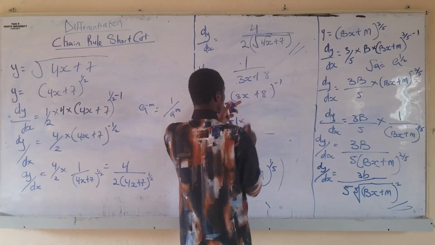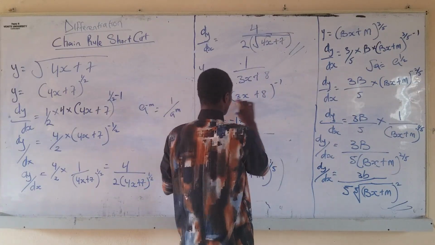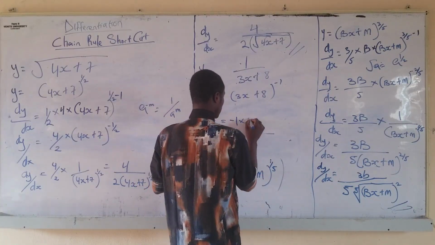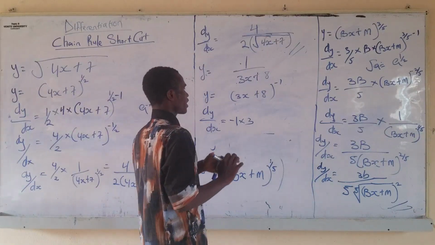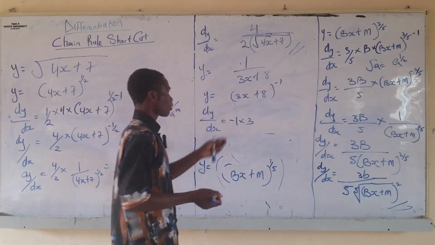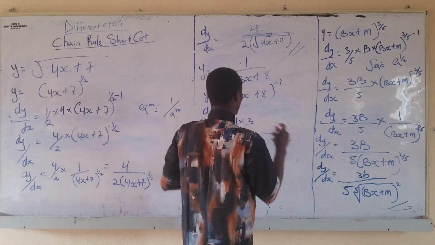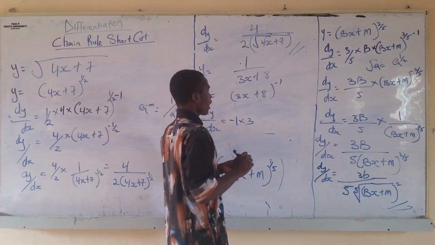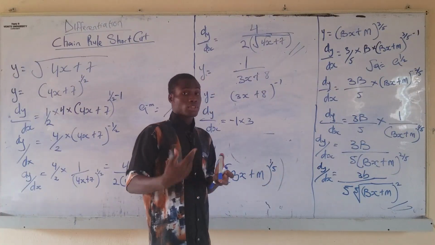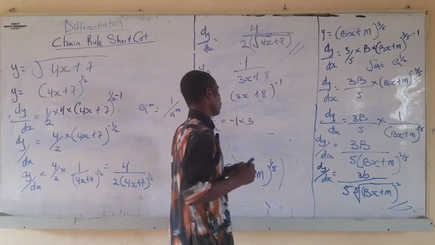If I differentiate 3x, it becomes 3, and this is a constant, and whenever I differentiate a constant, it's always 0.